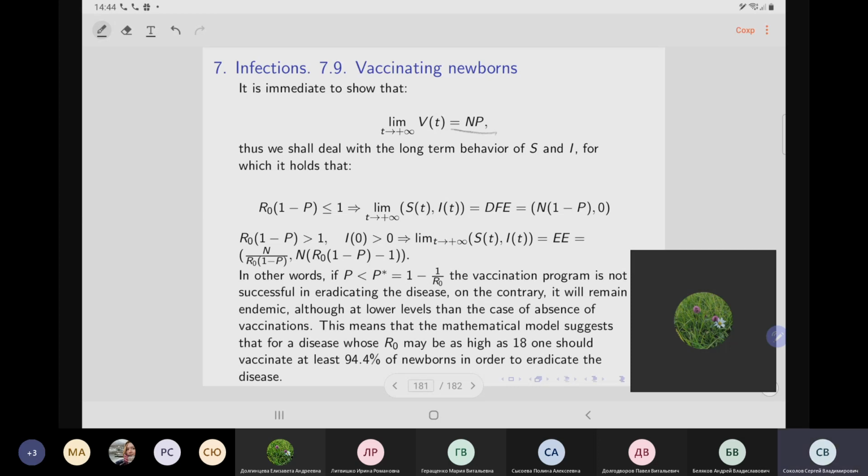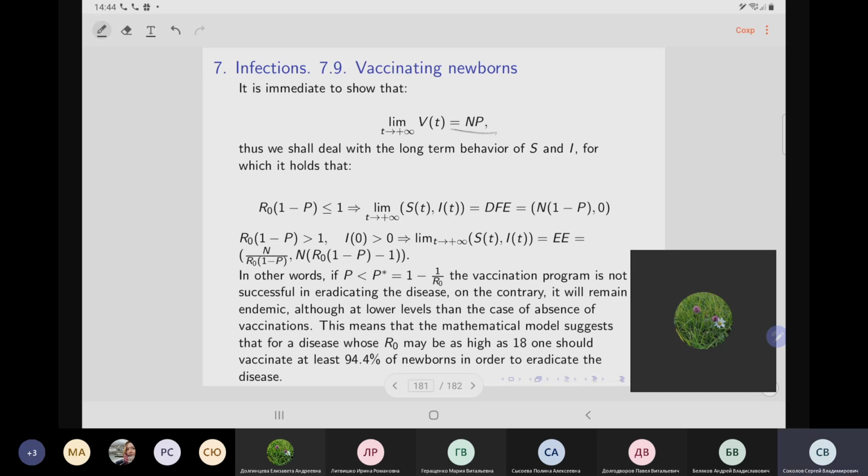So for a large period of time, we expect that the number of vaccinated will be equal to the proportional share of the population. If we start vaccinating at some moment, in the long run the vaccinated number will be proportional to the strength of the vaccination.